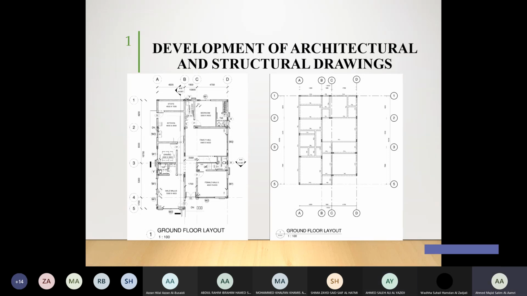Okay, so the clear thing that you should understand is that when you want to draw your structural drawing, first follow the rules. For example here, can you see that these are walls?